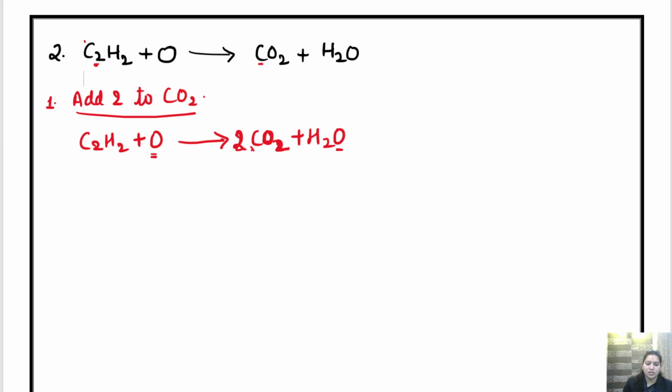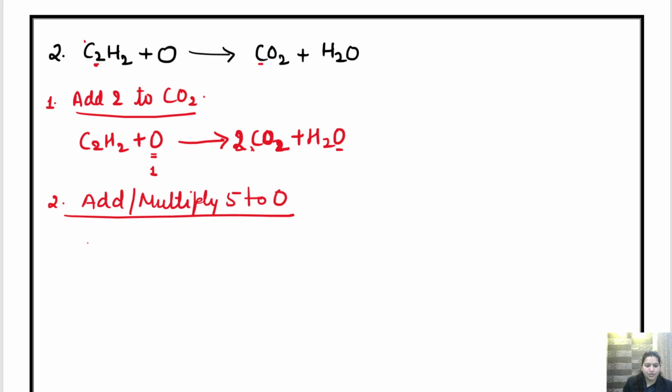But यहाँ कितना oxygen है? एक ही oxygen. So what we will do? We will add, or we can say we will multiply 5 to oxygen. So what it will be? C2H2 plus 5O will give you 2CO2 plus H2O.